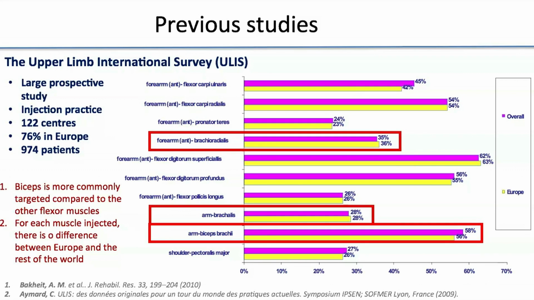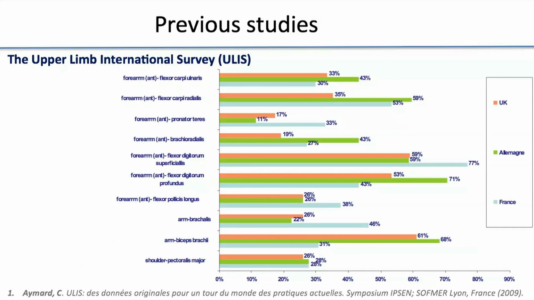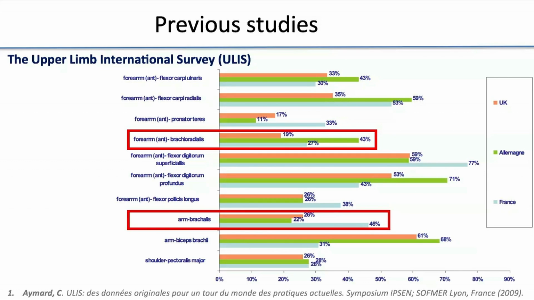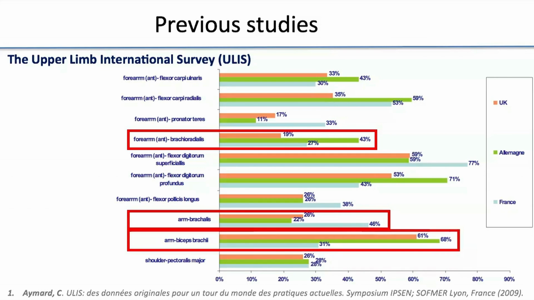For each muscle injected, there is no difference between Europe and the rest of the world. Now when you take a close look at what is happening in Europe, you can see that depending on the country, it's not always the same muscle injected. And once more, the biceps is the most injected muscle.